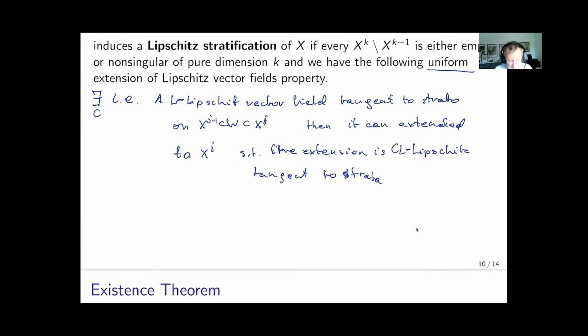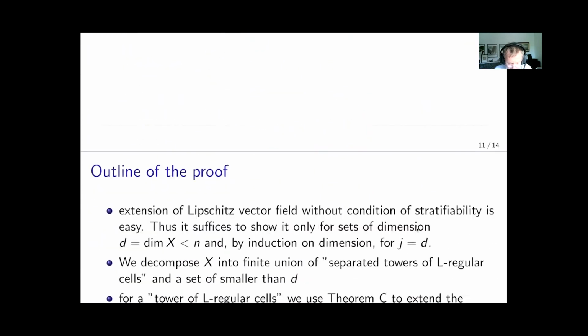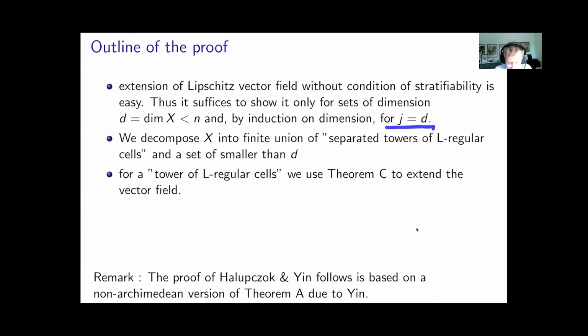And also by induction, you see that only J equals D matters. And then there is a nice trick which was written in the paper of Nguyen and Valette, that you decompose the set into separated towers of L-regular sets. So it's enough to consider a tower of L-regular sets, something which I drew using those leaves, but maybe more than 2.